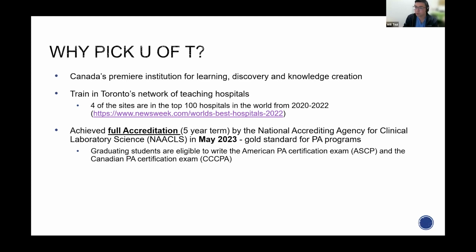I'm very proud and happy to say that this past May we've achieved full accreditation from NACLS, which is an accrediting body from the United States that accredits all of the PA programs within North America. So this accreditation gives our students the ability to challenge for the American and Canadian certification exams.